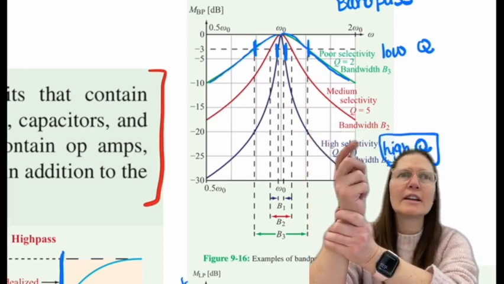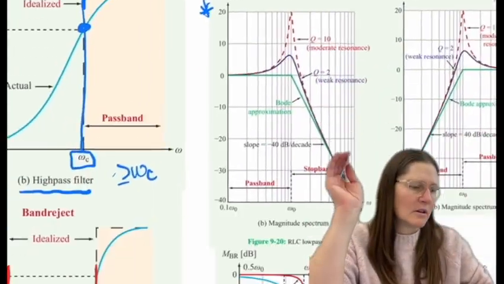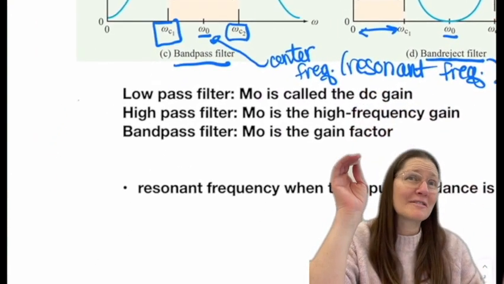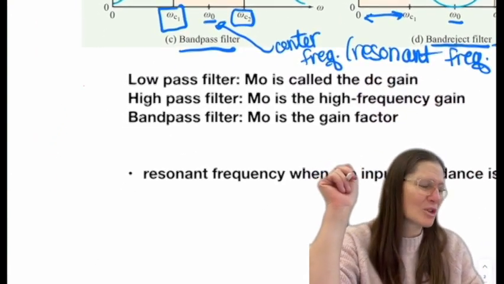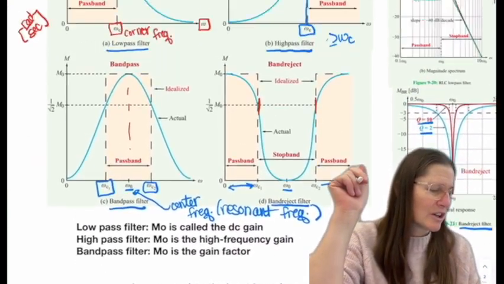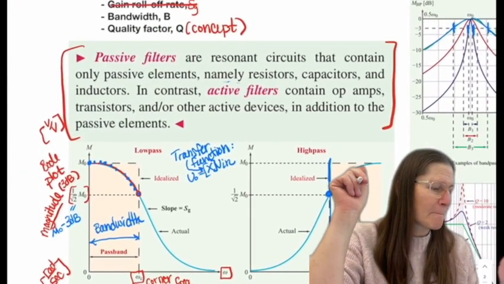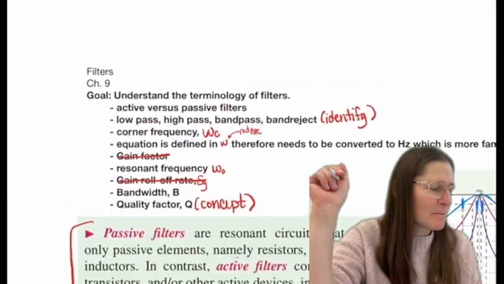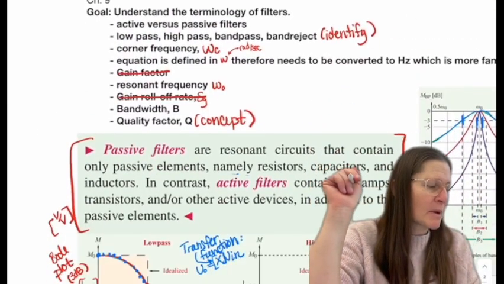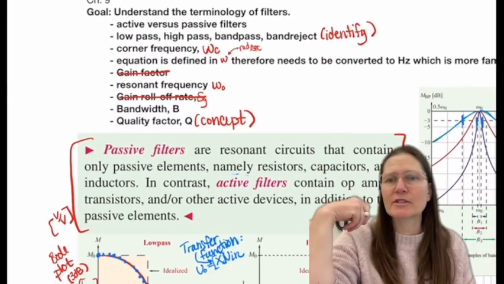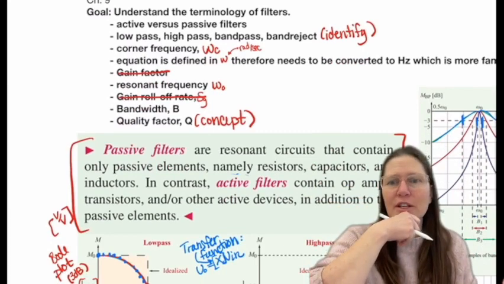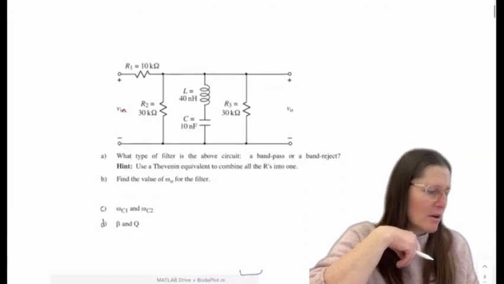So you usually want a high Q. Quality factor. Yeah, so it does start for Q. Yep, quality factor is Q. Yep, so lots of terminology, but mostly for the filters, it's the concepts of it. So you're not going to really have to calculate, just identifying, so being able to make sure you are identifying those. All right.